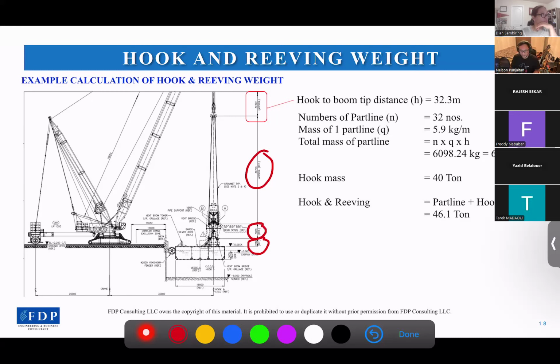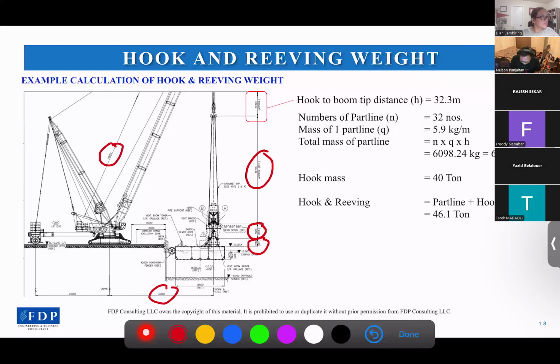And then with a radius of 30 meters, and boom length of 78 meters, this is the boom length. We've got a boom tip height of 76.61 meters.